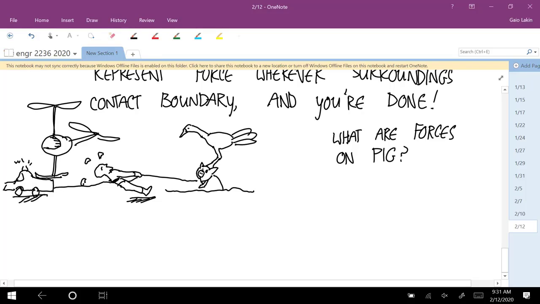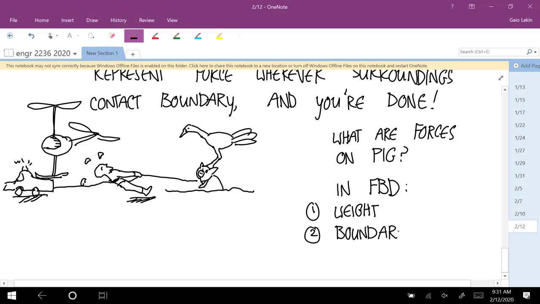But all you have to do in the free body diagram is make sure that you represent the pig's weight, and then go around the boundary and look for objects that are in contact with the pig's boundary. So there's a force from the mud.